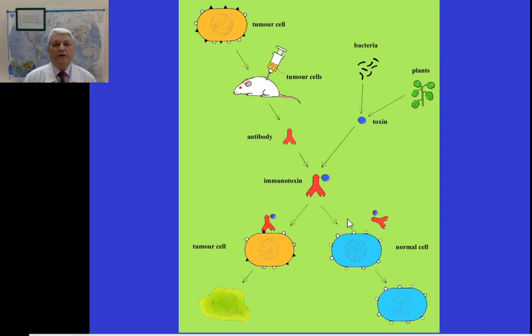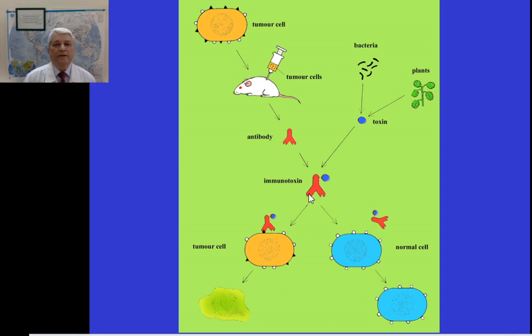If a normal cell is on the way of this immunotoxin, there will be no interaction because there are no these black pathological antigens on the surface of the normal cell, and the normal cell will survive.